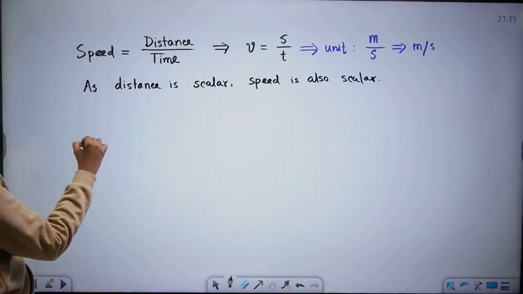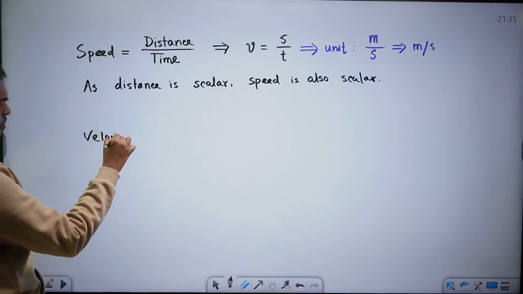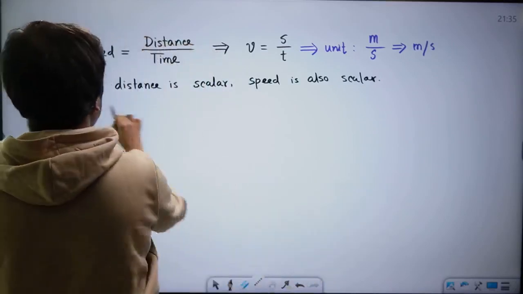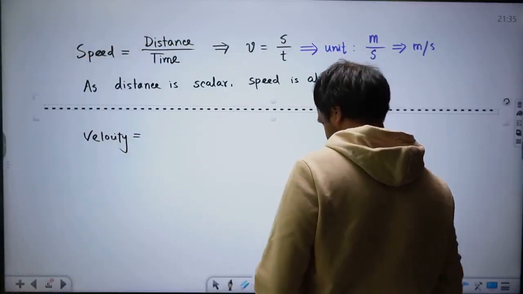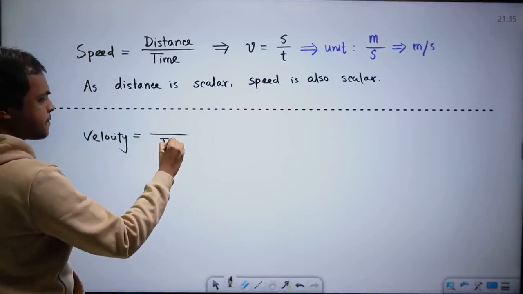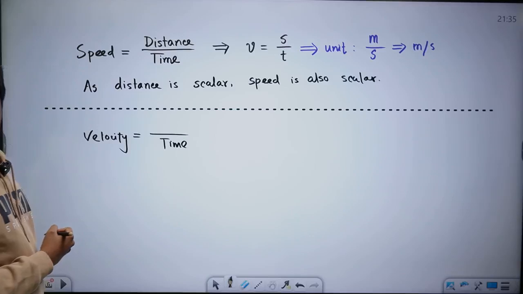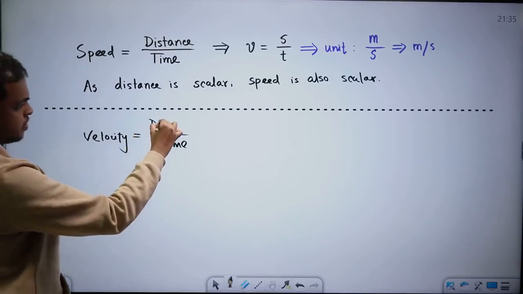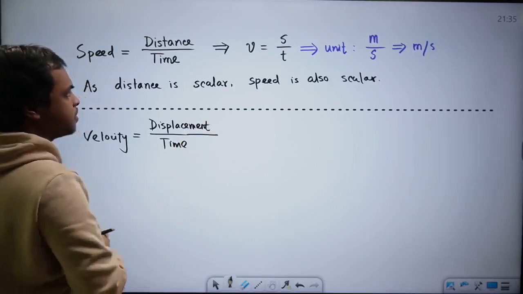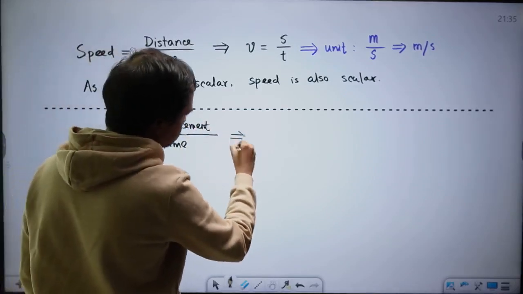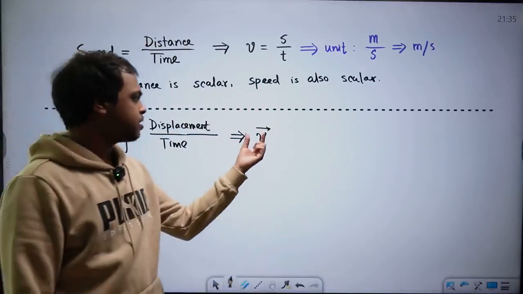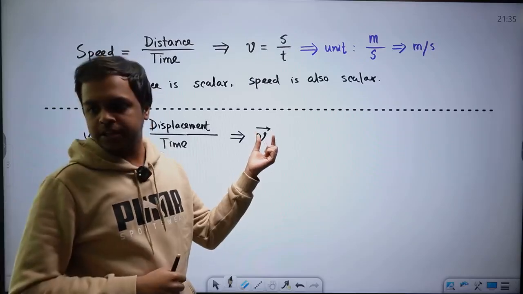Let's talk about velocity now. I'll put a barrier between these two to differentiate them. Velocity is the rate of displacement, right? Don't forget these two things. We also denote it by v, but as this is a vector, we put an arrow over it.